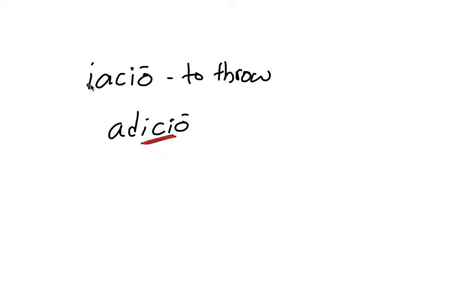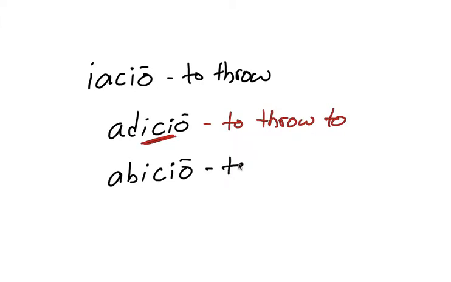It goes from iacio to icio. So adicio means to throw to. Okay, and this happens in basically all the compounds. So abicio would be to throw away.